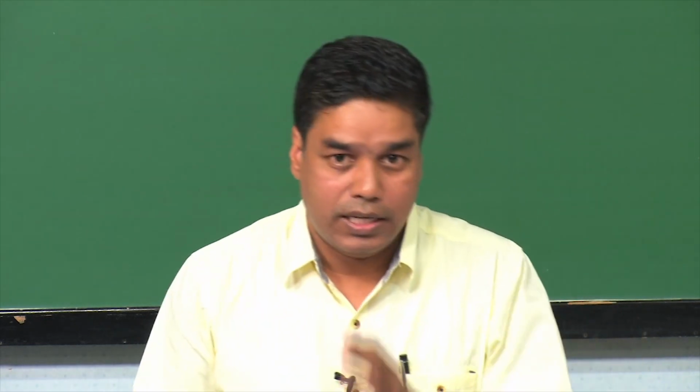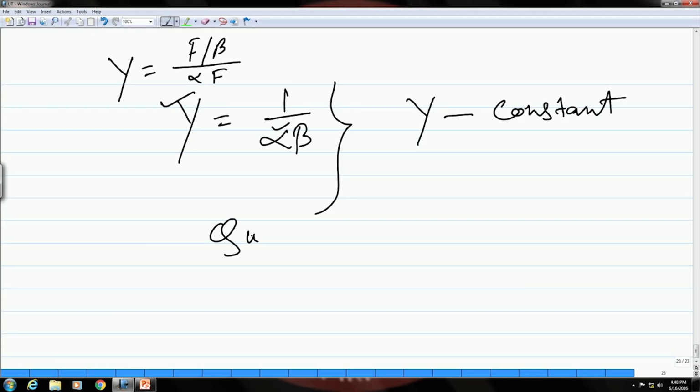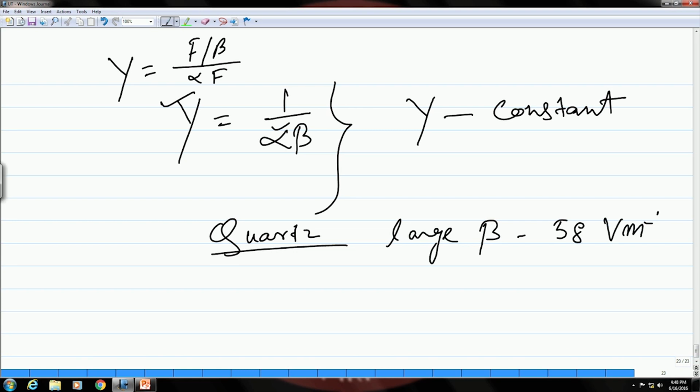Okay. So, for example, if you look at the values that these two materials that we talked about, quartz and PZT, quartz has a large beta value around 58 volt per meter per Pascal.